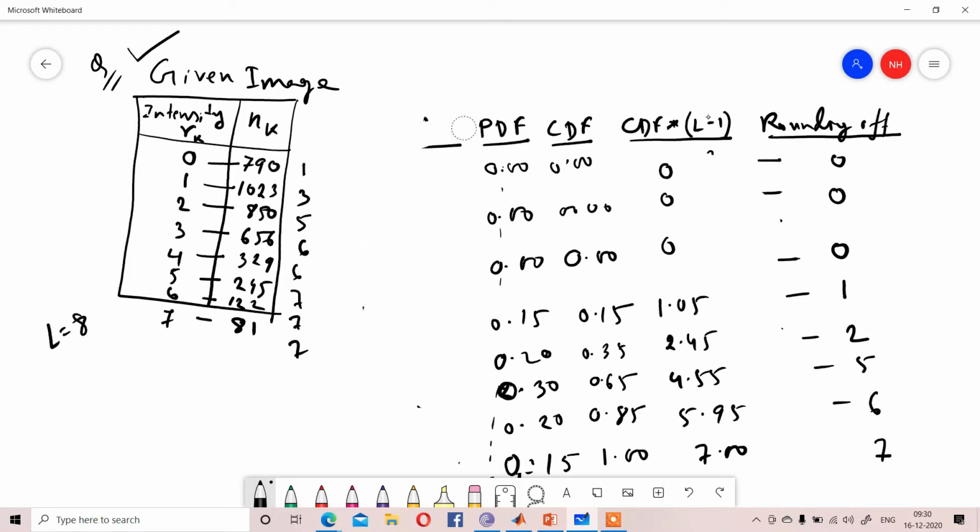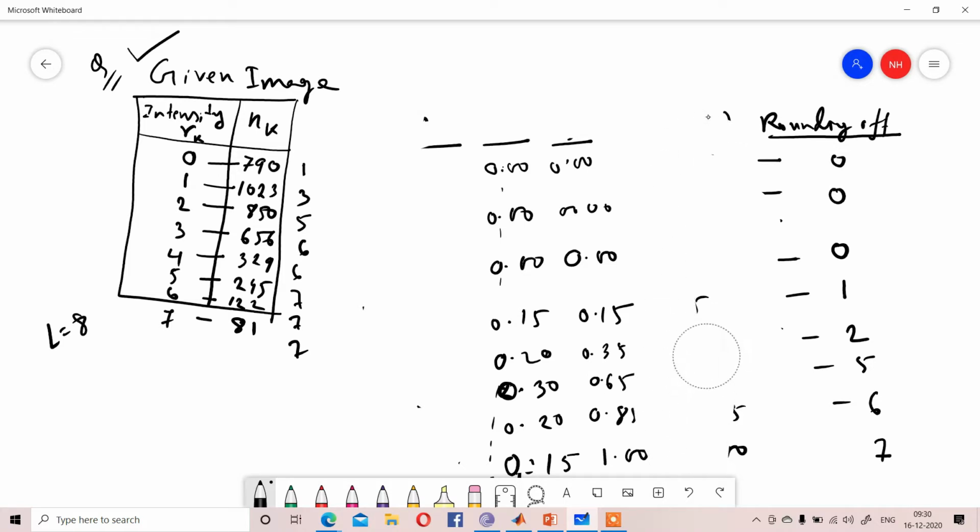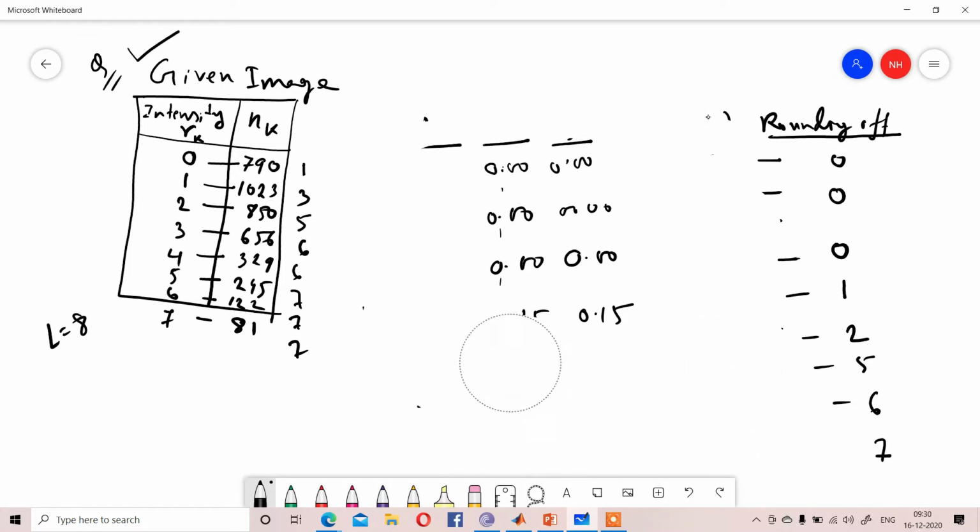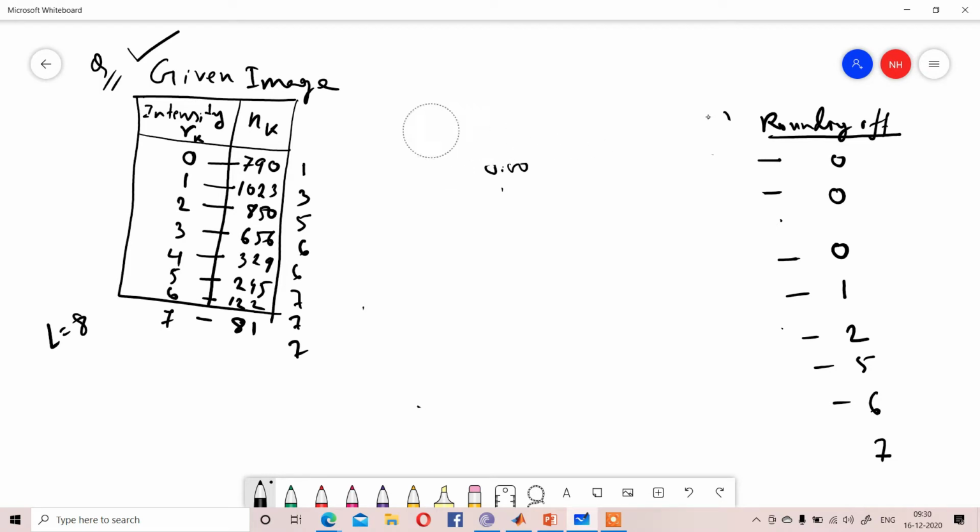Now the important part comes. Whenever you have the histogram equalized intensity levels for both the given image and the target image, you have to do the matching. So try to understand it very clearly. For histogram matching, the first column defines RK, your input gray level.